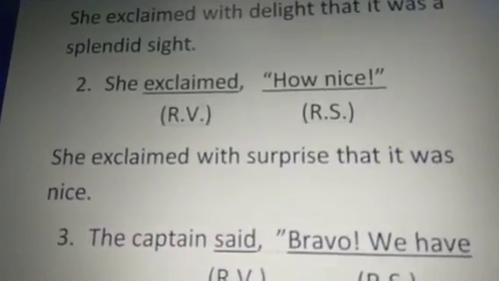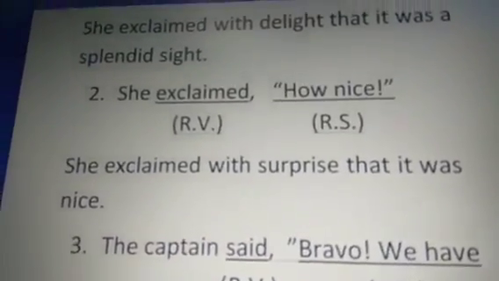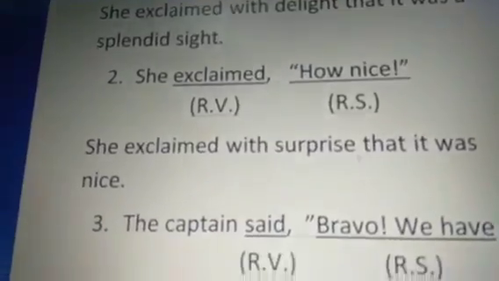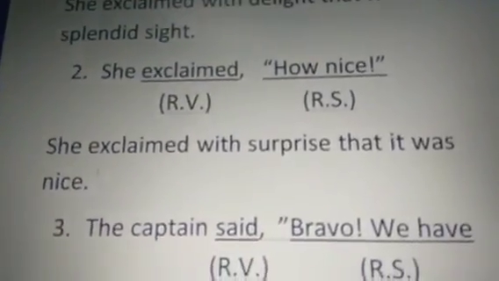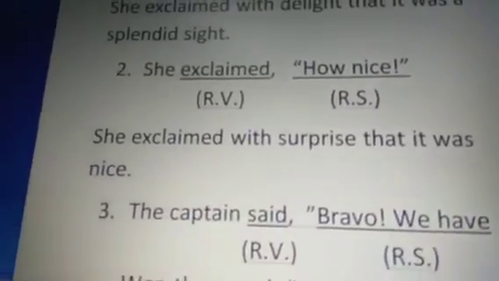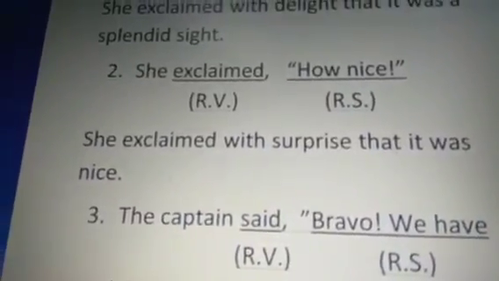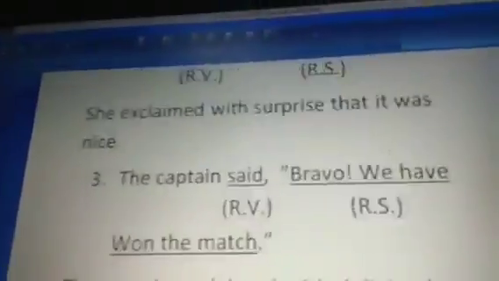So this reporting verb exclaimed is replaced by exclaimed with surprise, followed by that conjunction, and then it was nice. So this sentence reads like, she exclaimed with surprise that it was nice.